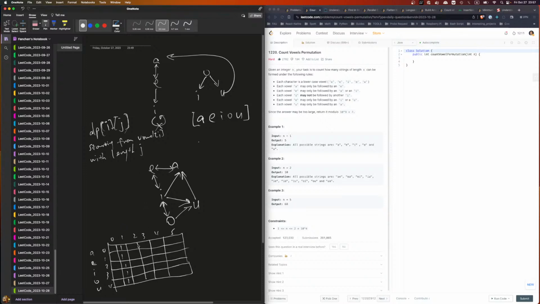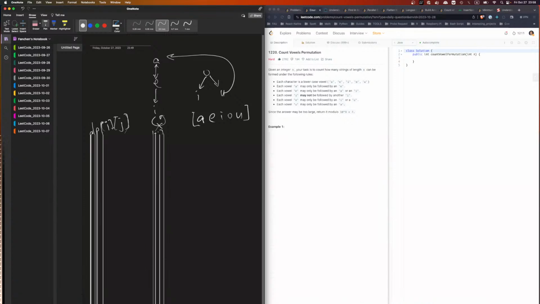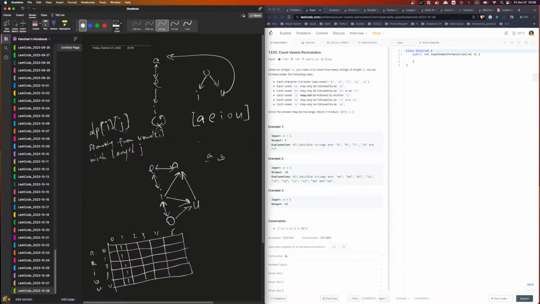Now we start from A with length 2. We find the next possible is E, and E with length 1 is only 1, so this would be 1.